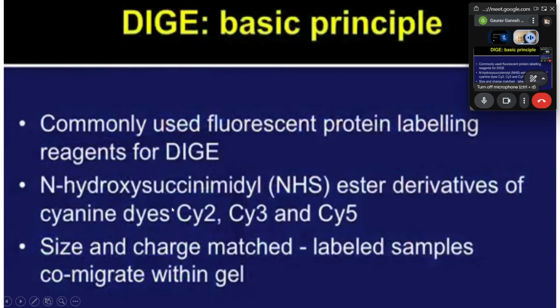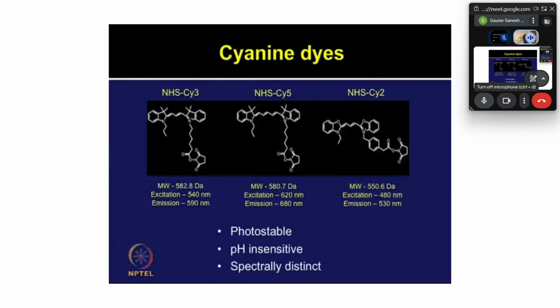Basically, all three dyes have a similar molecular weight, and they can co-migrate within the gel itself. Because of their similar molecular weight, it does not affect the ultimate molecular weight of the protein sample, etc. As we can see here, these are the three dyes, and if you see their molecular weight, they are similar.